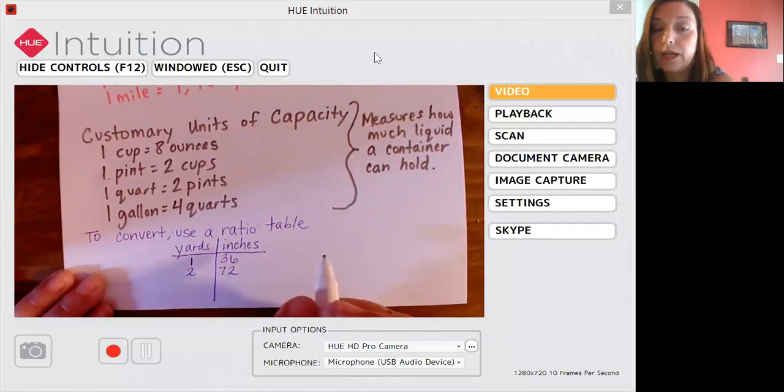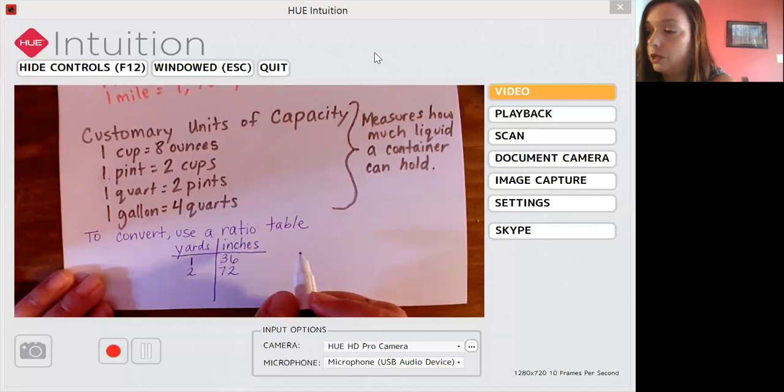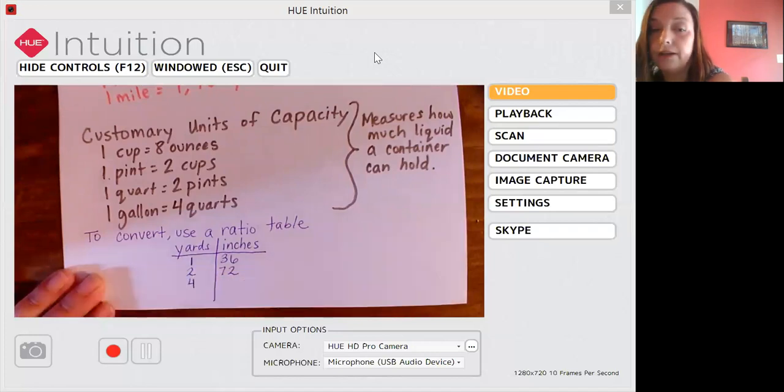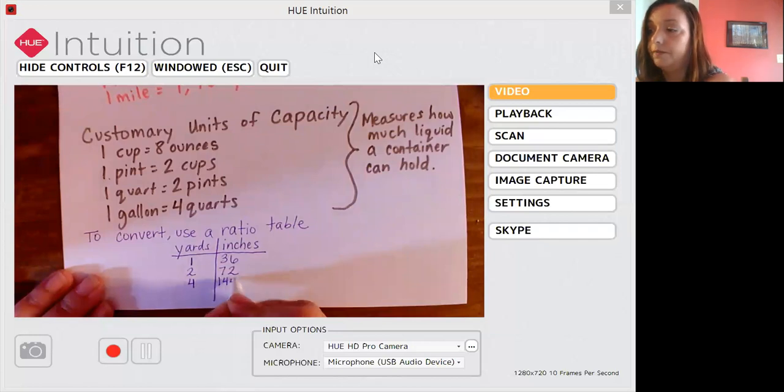Now we could double the amount of yards again for 4 yards, and then double the amount of inches. If I double 70, that equals 140, and then if I double 2, that equals 144.